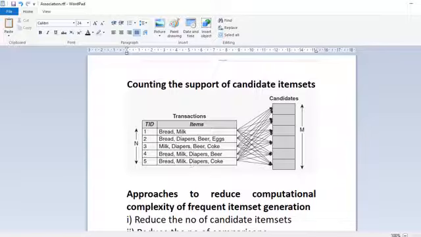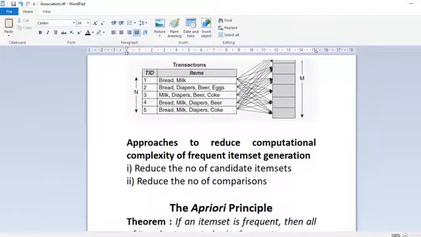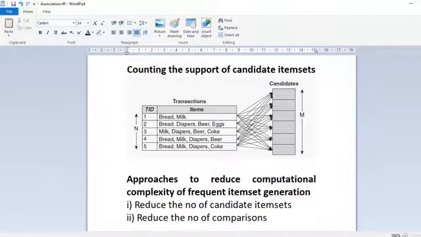So there are different approaches to reduce the computational complexity of frequent item set generation. One thing we can do is reduce the number of candidate item sets. Instead of generating all the candidate item sets using the lattice structure as we have done earlier, that is 2 to the power of k minus 1, we can generate a limited number of candidate item sets based on a specific strategy which we are going to see in future lectures.